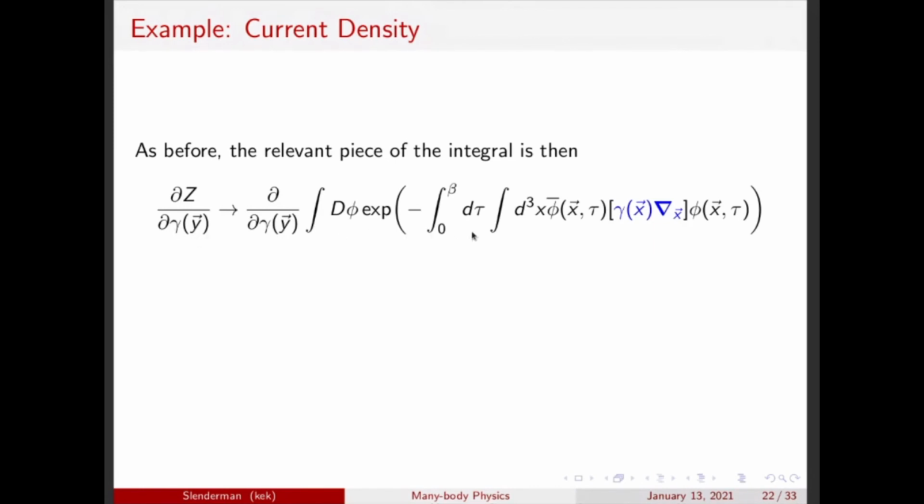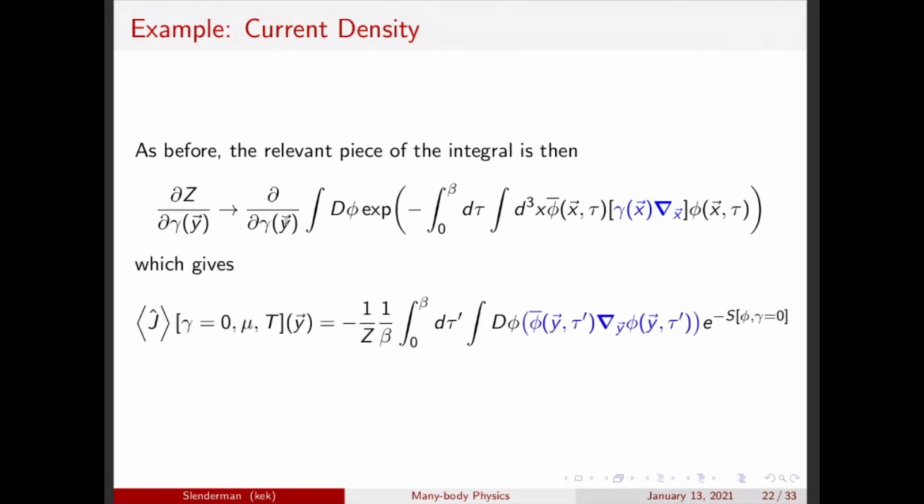Highlighted in blue is, if you like, the Lagrange multipliers that we've added. Taking the derivative with respect to gamma is going to bring down everything except the gamma at that point y. And so, very similarly to the previous case, we get that the current density is equal to evaluating this derivative, an integral over tau, everything we've seen before.